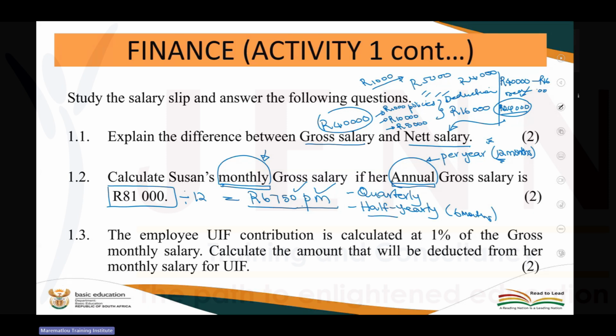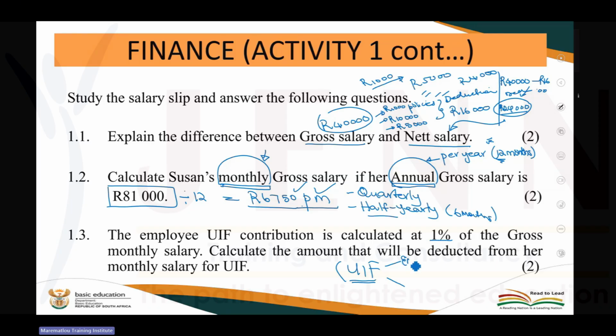The employee UIF contribution is calculated at 1% of the monthly salary. I think we should have also touched on this one. Remember, we spoke about the UIF. When we talk about the UIF, boys and girls, this is the money that is going to be saved for an employee so that when he loses his job or retires, he can enjoy what he has saved. But it's not him alone or her alone who's saving the money, the government also contributes. So they are sharing the contribution.